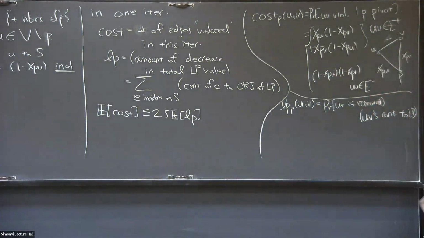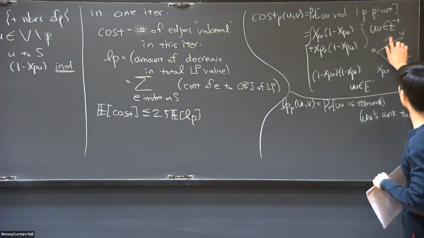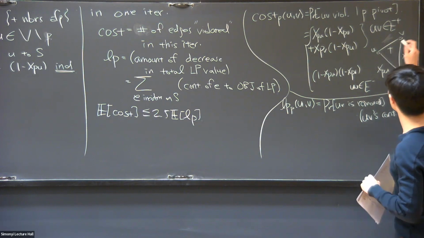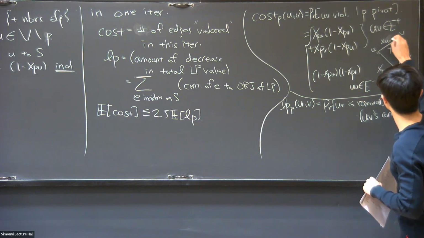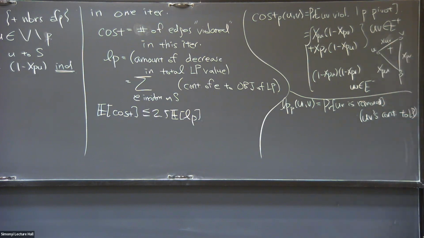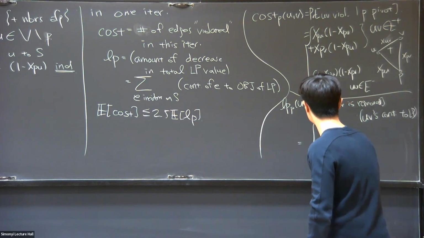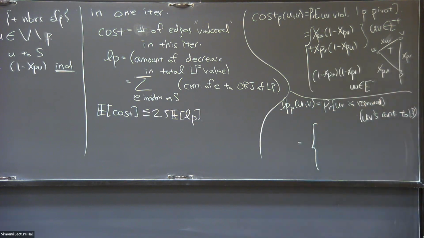So that's the same game. Suppose that it's a plus edge. The probability that it is removed is independent of whether it's a plus or minus edge. You have to pick at least one. So what is the probability that UV is removed?